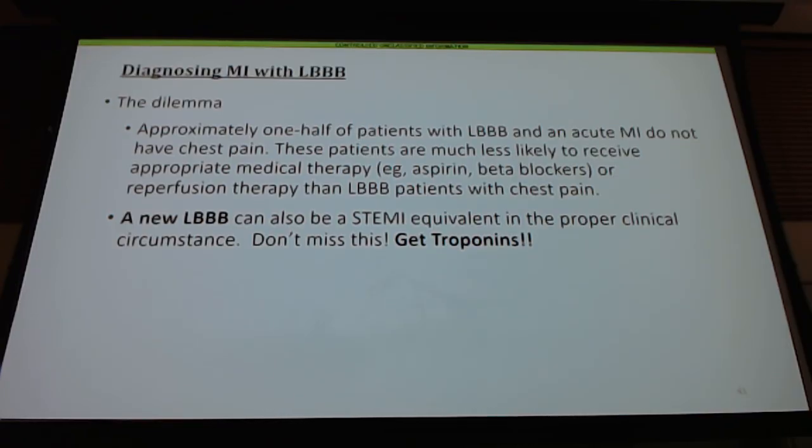The reason for that is folks who have left bundle branch block STEMIs tend to not have chest pain. So it's a silent MI. So they're not coming in with chest pain. You just happen to notice on an EKG, for whatever reason, they have a left bundle branch block. You could save their life. Because even though they're not presenting with chest pain, the same process that's leading to cell death is occurring in that patient.